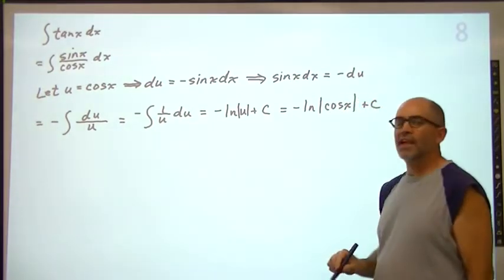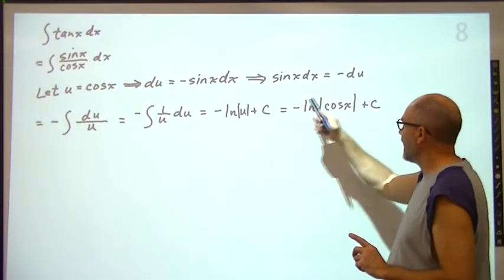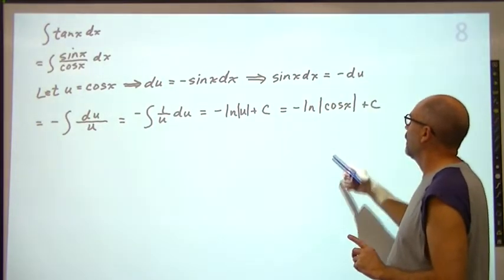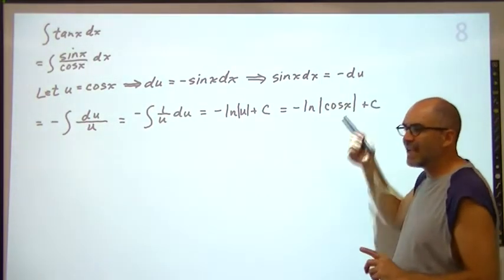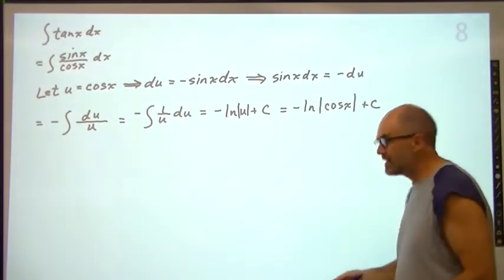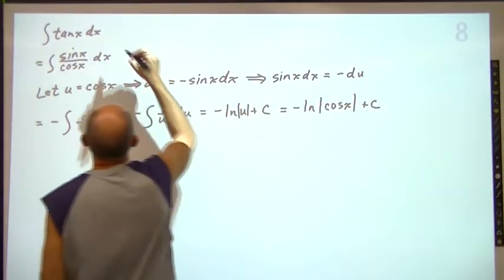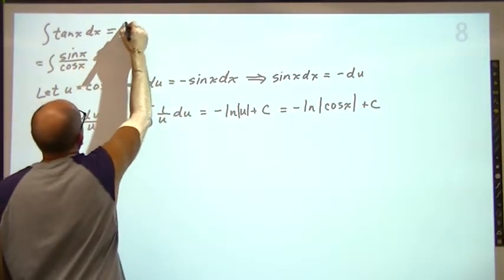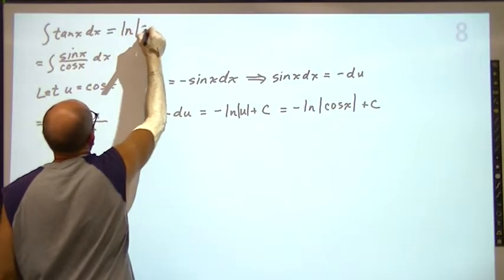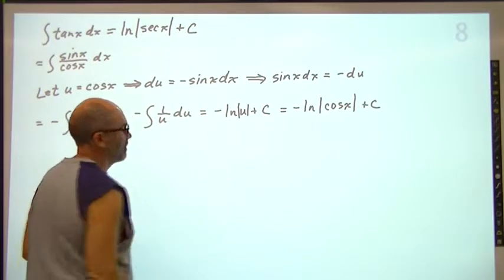Now, one more thing, the property of logarithms says we can take this negative and make it the exponent. Well, cosine x to the negative 1, that's 1 over cosine, which is secant. So that means our final answer equals natural log, absolute value of secant x plus c.